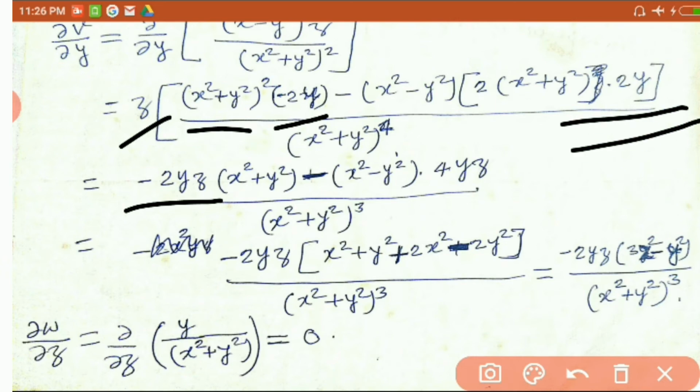After calculation we get this step. Similarly, minus 2yz as it is. Here only 2yz is multiplied, but by taking 2yz common, we get (x² + y²) and 2x² minus 2y².